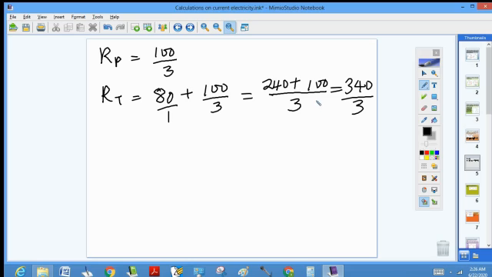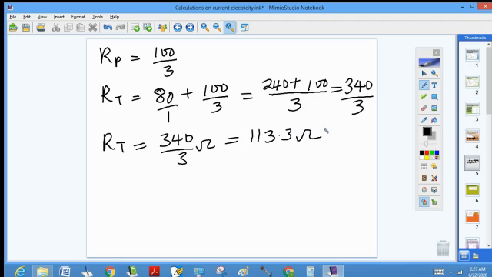So that is in ohms. Our R total is 340 over 3 ohms, which can be equal to 113.3 ohms.